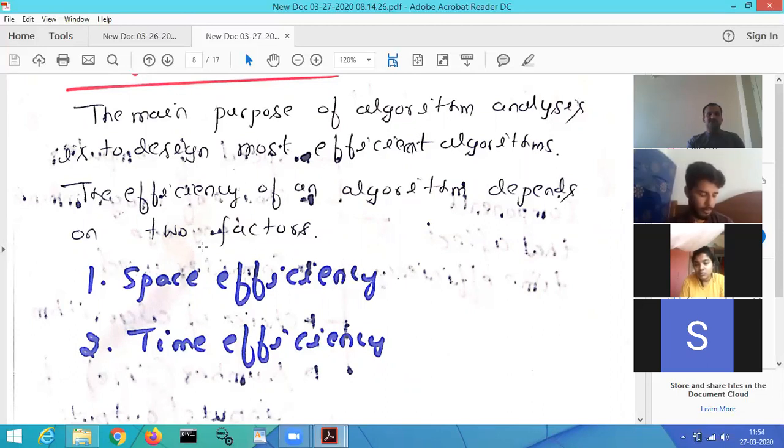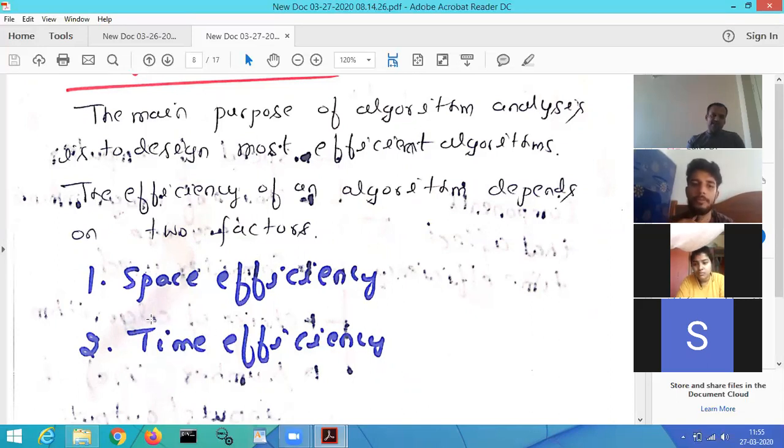In this subject, we mainly concentrate on time efficiency, even though space is also very important, because with respect to the mobile, the memory is very limited. With respect to the computer, with a lot of advancement in technology, we are neglecting the space efficiency.